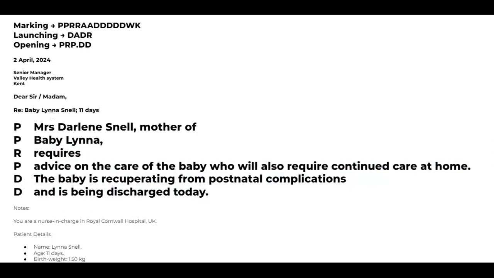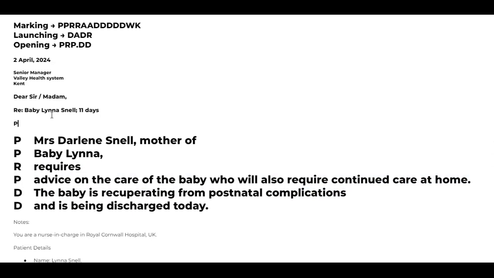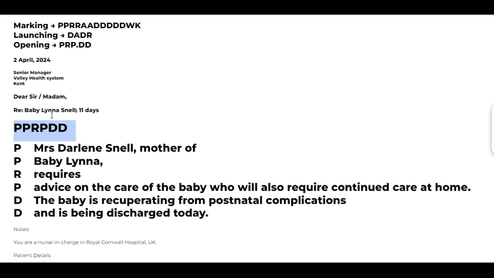Please, everybody, use only the PPRPDD or PPRPTT or sometimes UPRPTT or TPRPTT, or even in the place of TT you can write DD. These are the only ways to write your letter opening paragraph. If the opening paragraph is excellent, you will get a good score in letter writing.